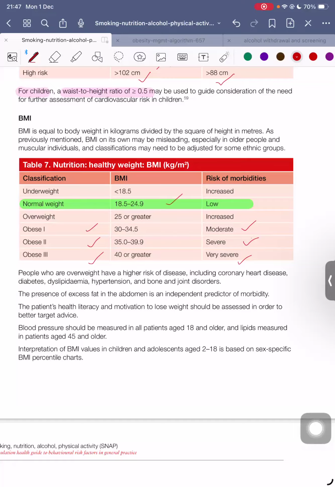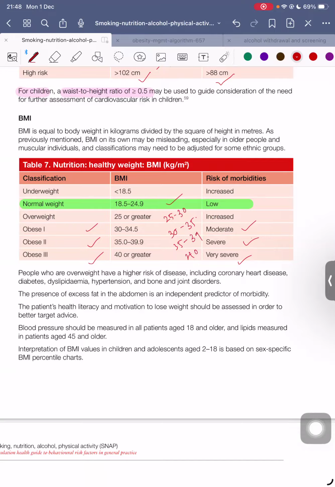Normal, we all know, is 18.5 to 24.9. Overweight is 25 to 29.9. Obese class 1 is 30 to 34.9, obese class 2 is 35 to 39.9, and obese class 3 means 40 or greater. If you can't remember, just remember like this: 30 to 35, then 35 to 39, then 40.